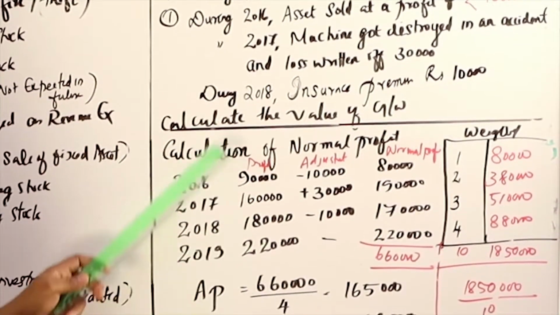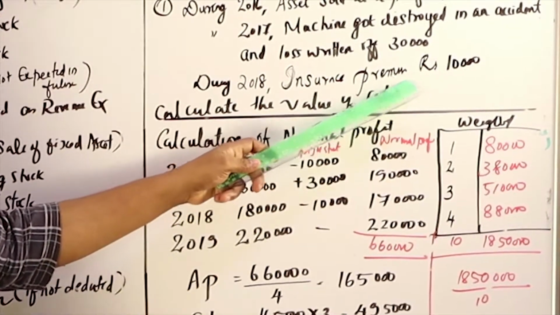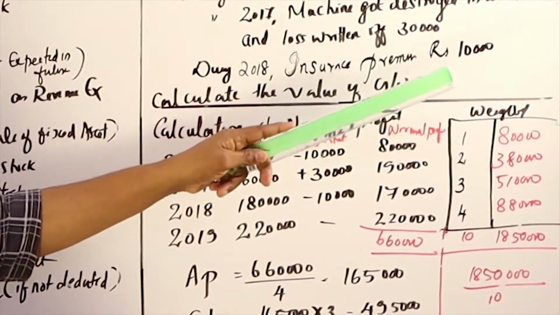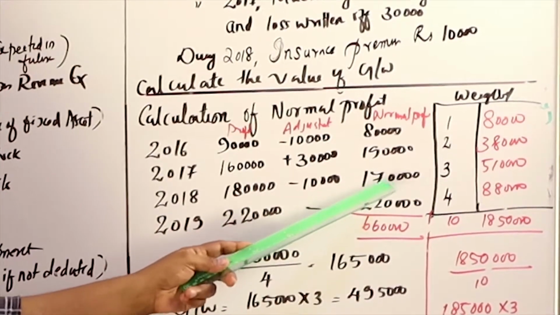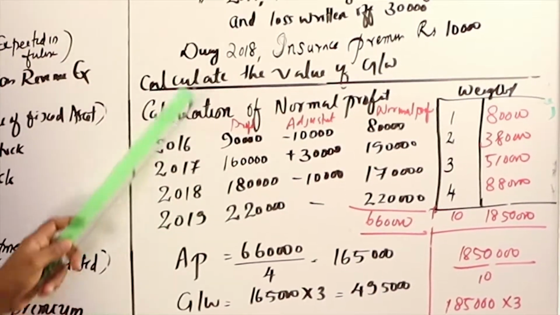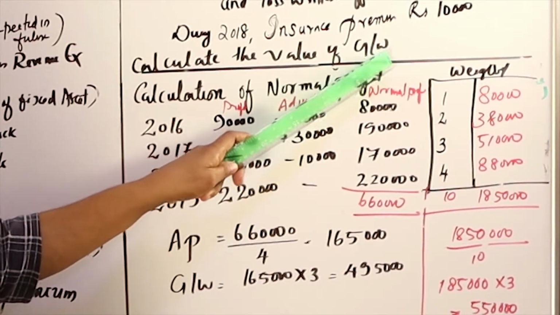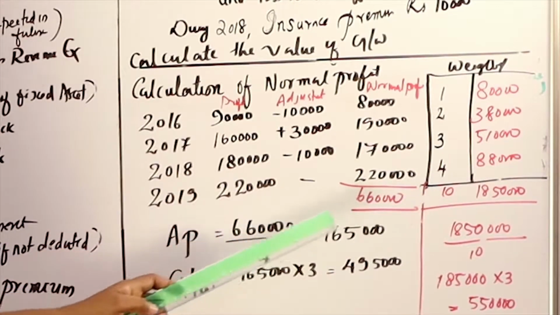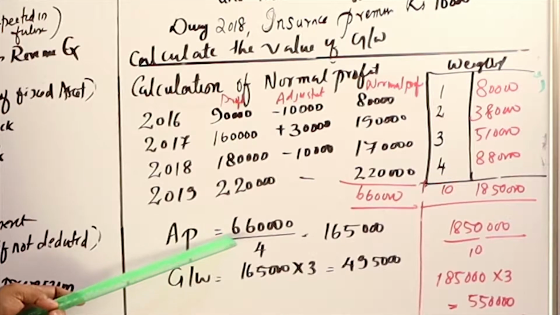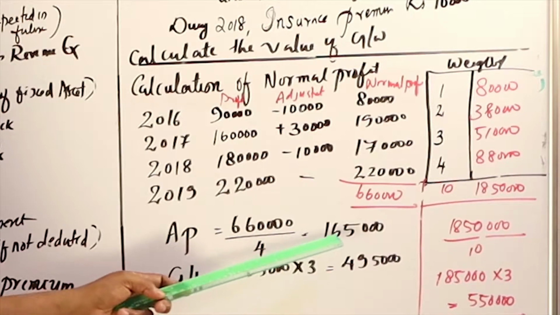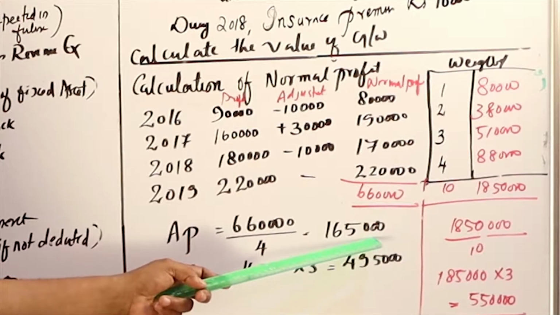In 2018, the insurance premium of rupees 10,000 is a recurring expense, we have to subtract it, then you get normal profit. In 2019 there is no adjustment. Then take the total of normal profit and divide by the number of years. Total normal profit is 6,60,000 divided by number of years 4, so you get average profit of rupees 1,65,000.